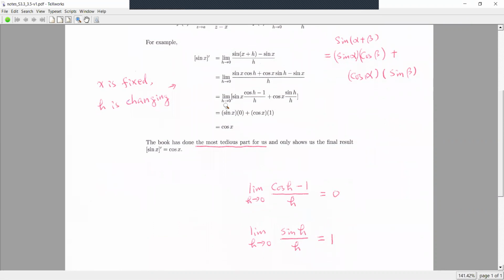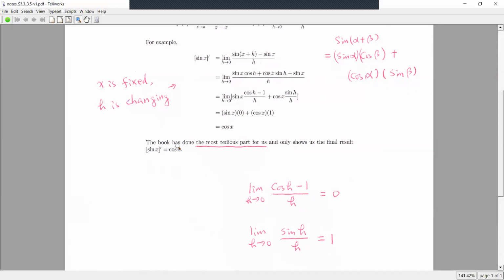Therefore, as h approaches 0, this sum approaches sine of x times 0 plus cosine of x times 1. This is cosine of x. Therefore, derivative of sine is cosine.